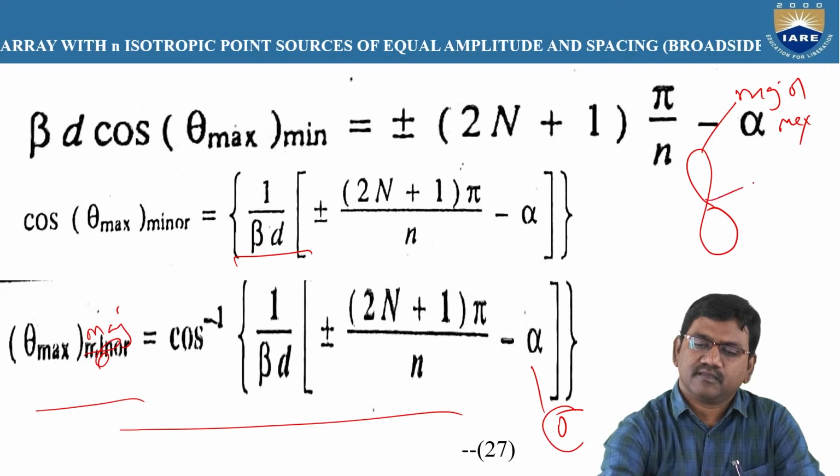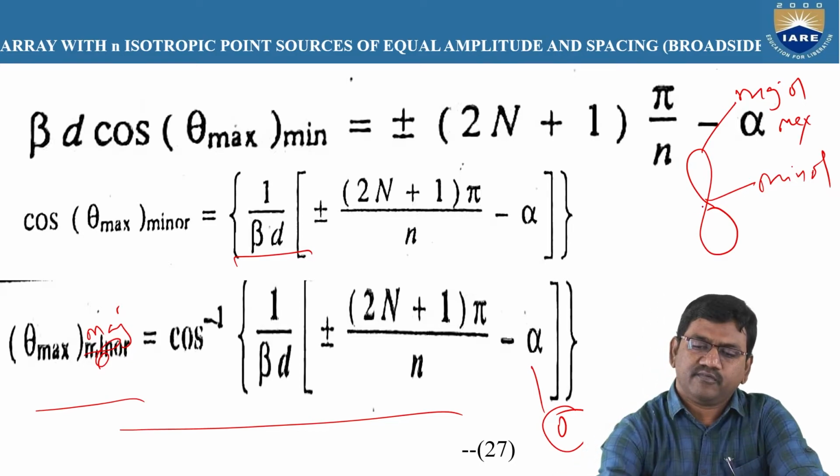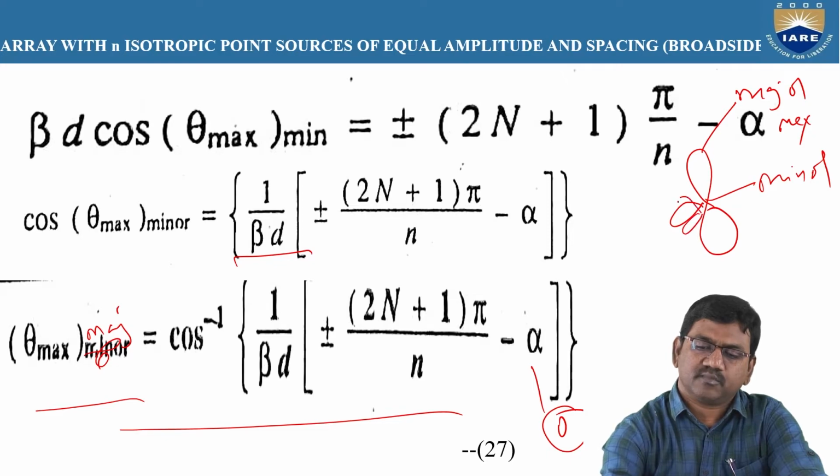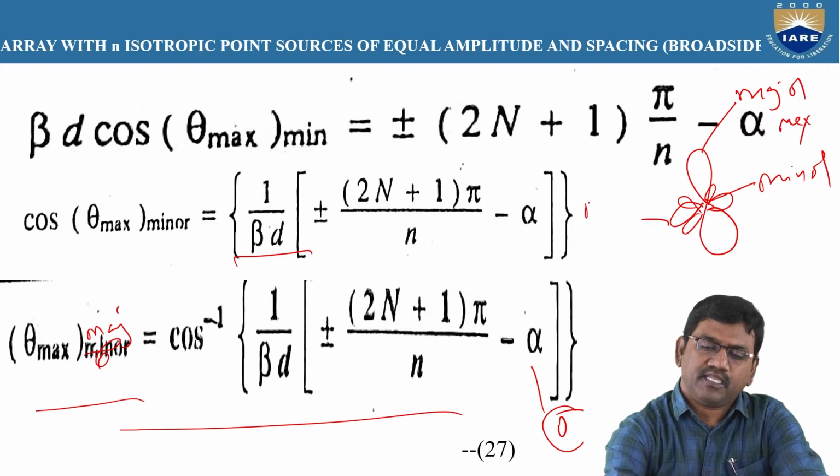This is the minor lobe maxima, the minor lobe maximum. And if you take the minor lobes, these are known as small minor lobes. This point is known as minor lobe maxima, and this portion we call minor lobe minima.